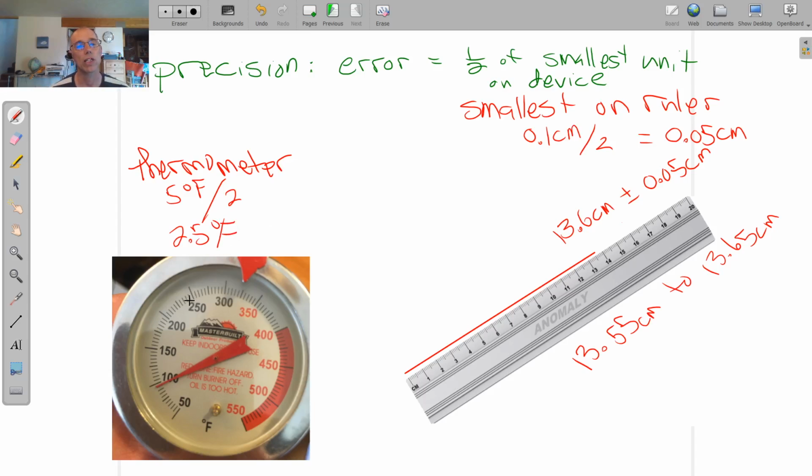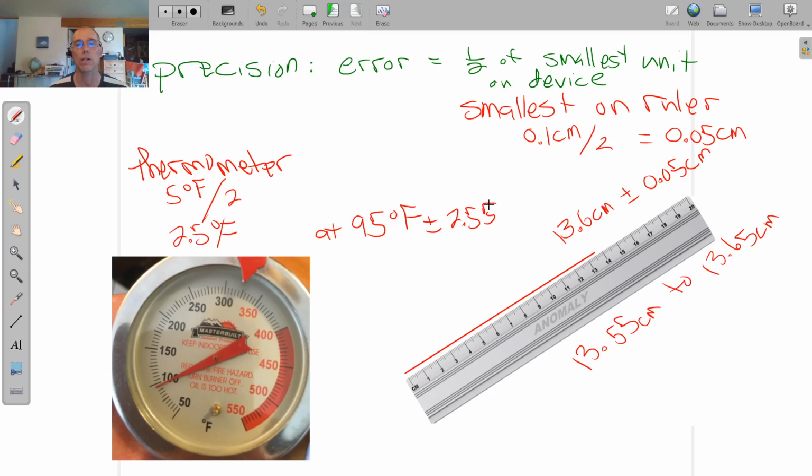So if I read this and say that looks to me about 95-ish, in reality, there's some error in my looking at this and its ability to measure, and so it's really plus or minus 2.5 degrees Fahrenheit.